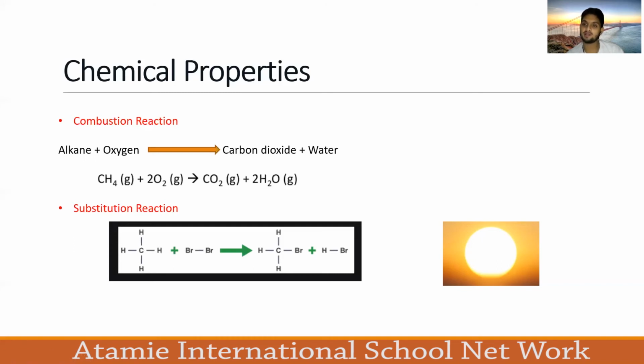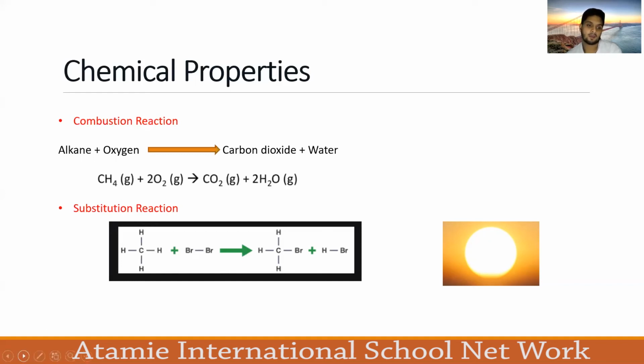To start this reaction, we need a large amount of energy for these bonds to be broken, because the bond energies between carbon and hydrogen and between bromine and bromine are relatively high. That's the whole point of needing a source for this reaction to start.